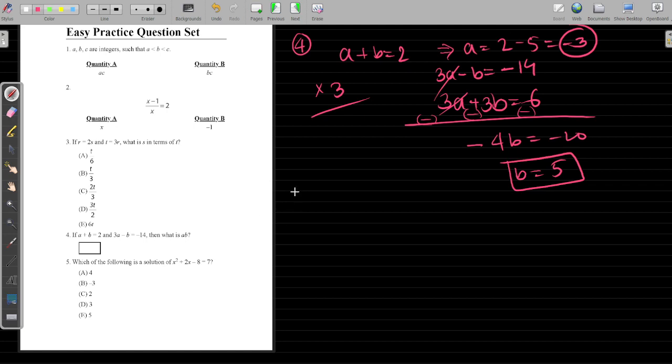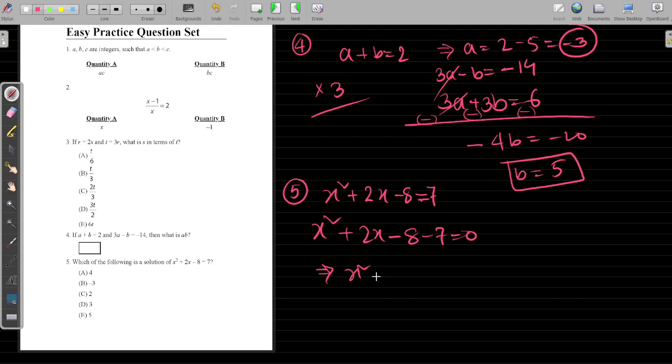Now I'm going to solve question number 5. So here x square plus 2x minus 8 equals 7. So x square plus 2x minus 8 minus 7 equals 0. Then x square plus 2x minus 15 equals 0.